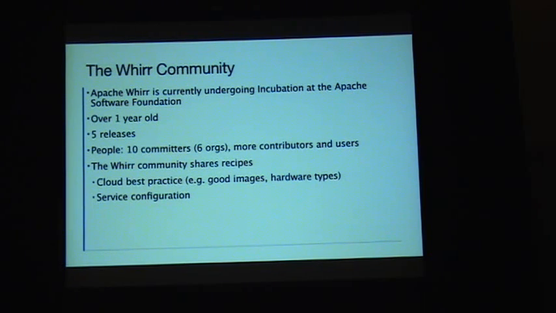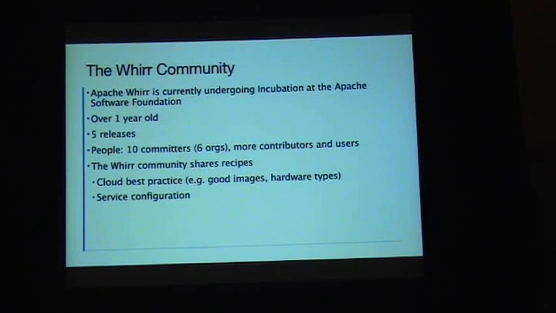And one of the nice things we do is have this idea of recipes. So we saw the ZooKeeper recipe. That file was actually cut down. In practice, the recipes have a few more details in them. And it allows us to share best practice in things like how do you select good images on different cloud providers? What's a good hardware type for a particular service?